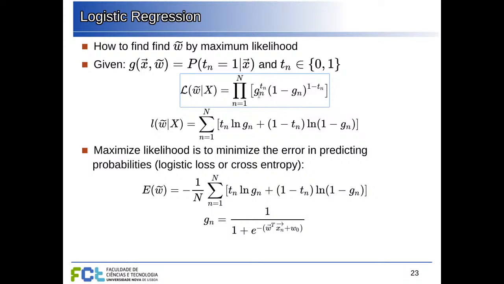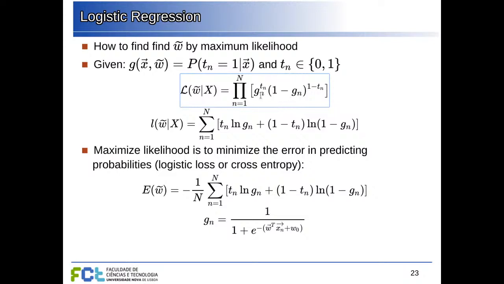So when point n belongs to class 1, t of n is 1, and so we take this value in the product. This one will be raised to 0, because if the class is 1, 1 minus 1 is 0, and anything raised to 0 is 1, so this part is simply ignored.